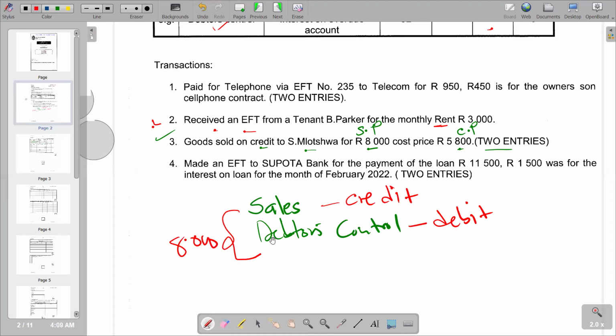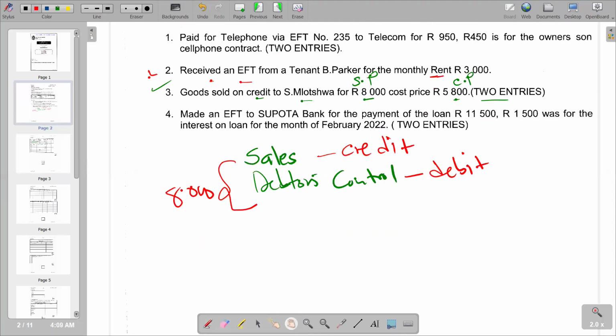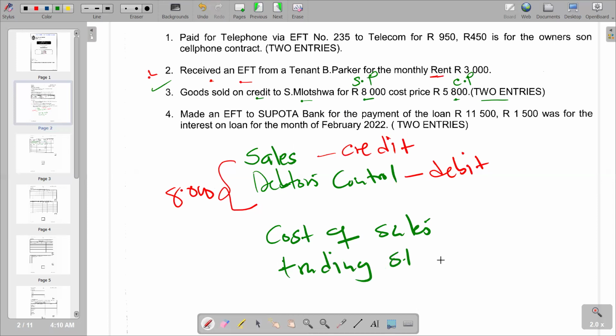Then the double entry now using the cost price. Remember, we have cost price. We're going to have cost of sales and trading stock. So obviously, we say cost of sales. Remember, the goods that are being sold are part of our trading stock. So we need to remove them from our books. So we also have trading stock. So in this essence, when they are selling, it means goods are moving out of the business.